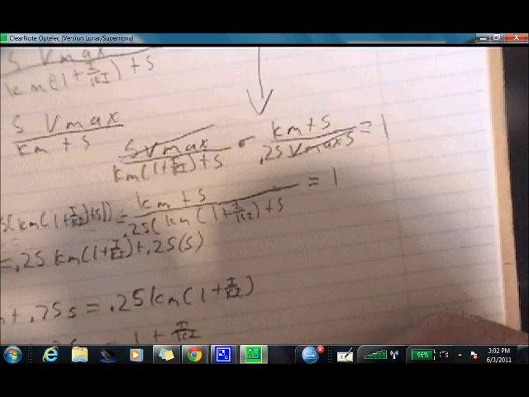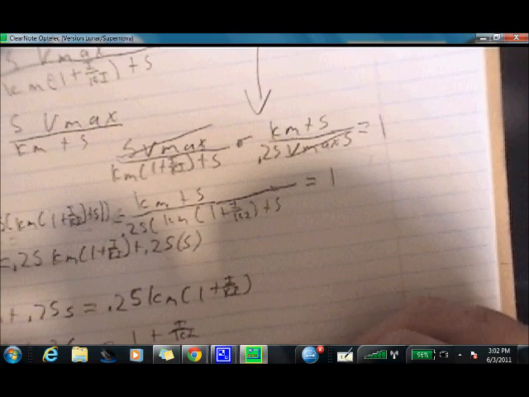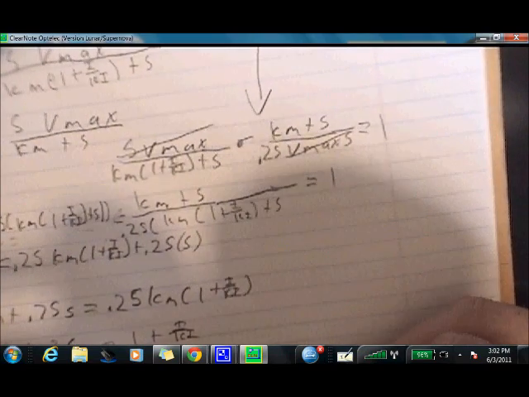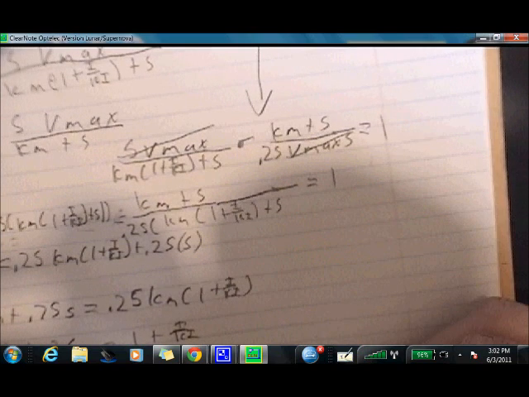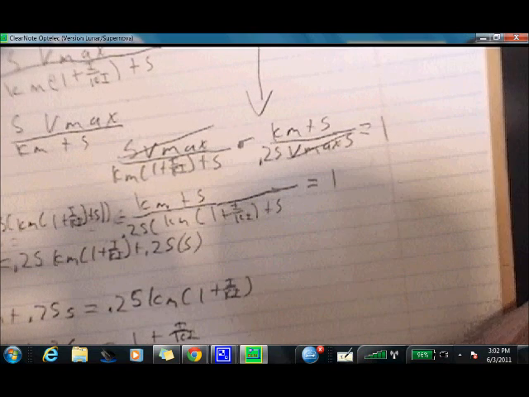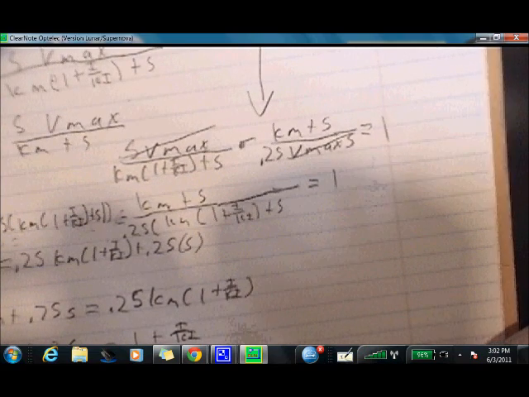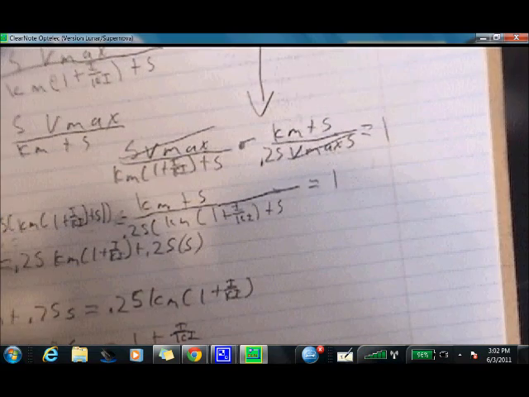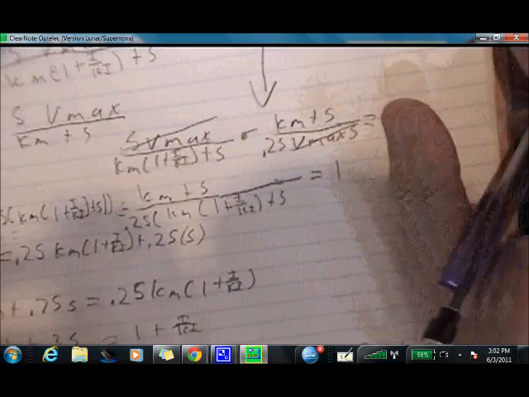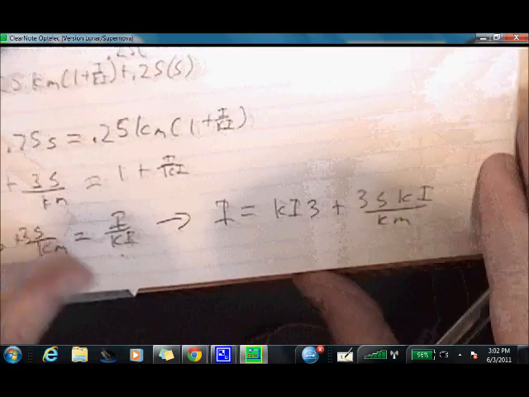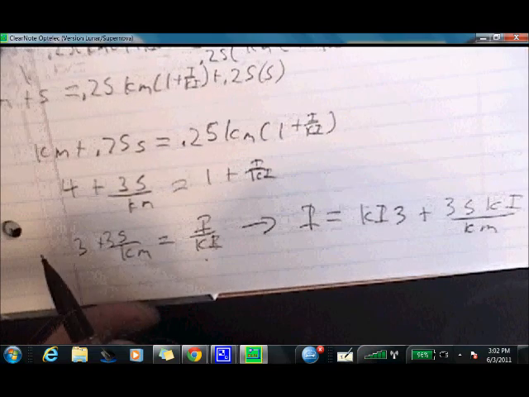So our final thing is going to look like I equals Ki times 3 plus 3S over Km. Oh, sorry, you guys couldn't see that.